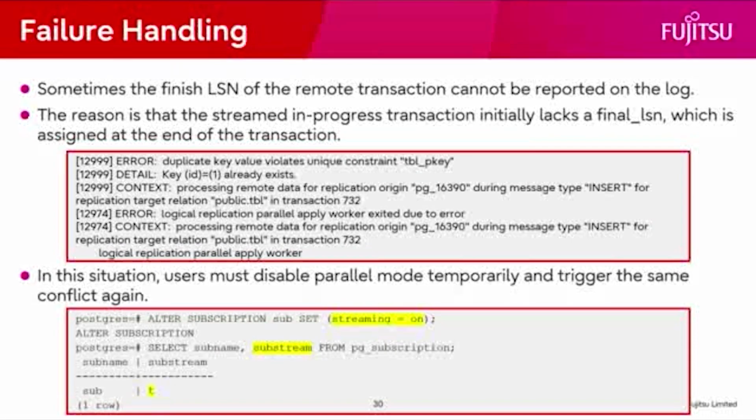So there is a possibility the failure may occur before the transaction has a final LSN. In this situation, users must disable parallel mode once and trigger the same conflict again. The normal worker will start applying transactions after the commit on the publisher side, so definitely the final LSN will appear in the server log.